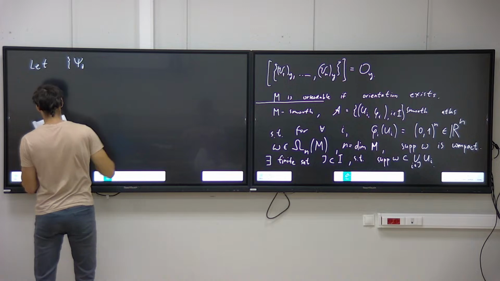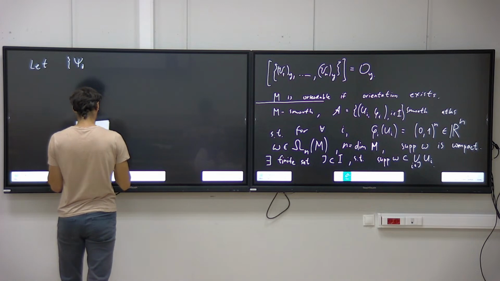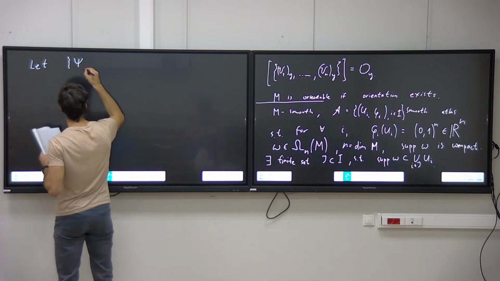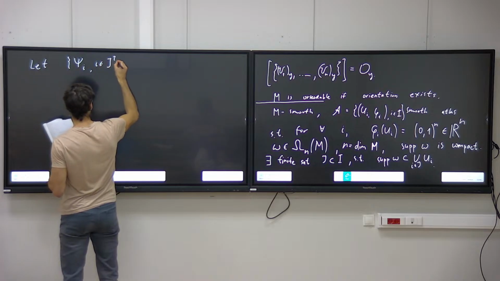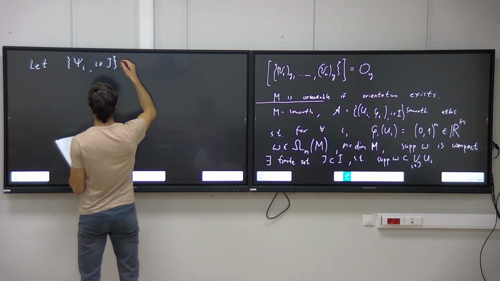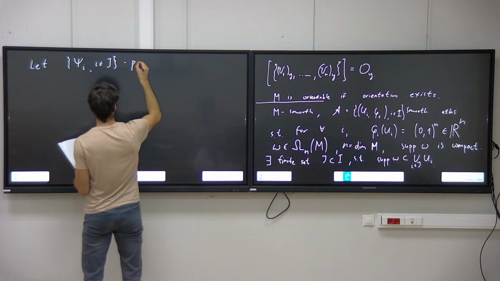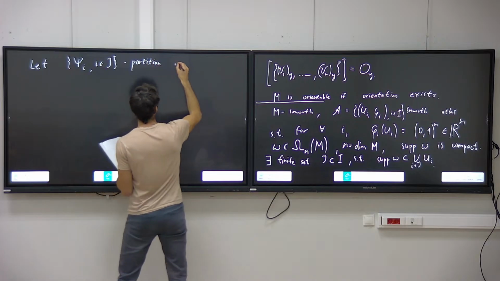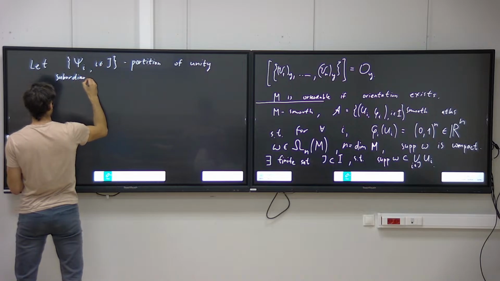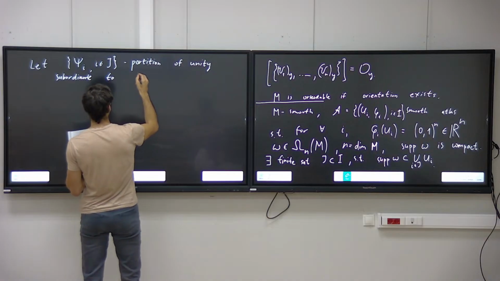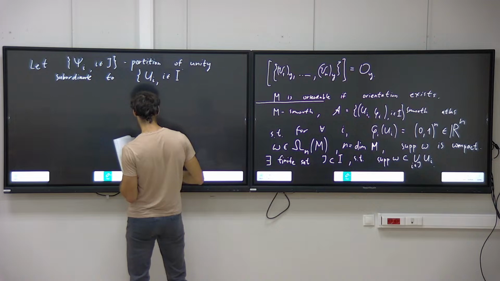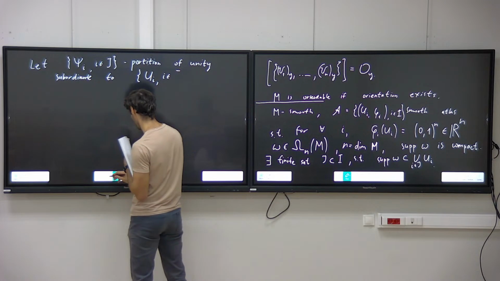So let psi I, where I runs over J, so this is partition of unity subordinate to this cover ui, I runs over J.